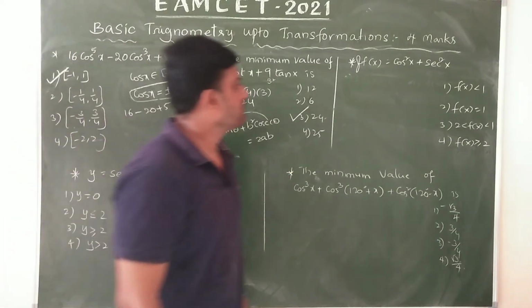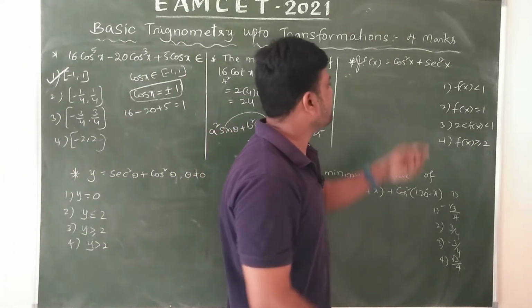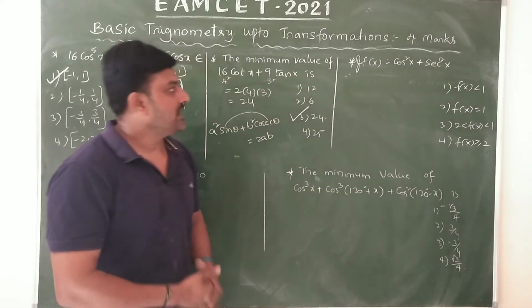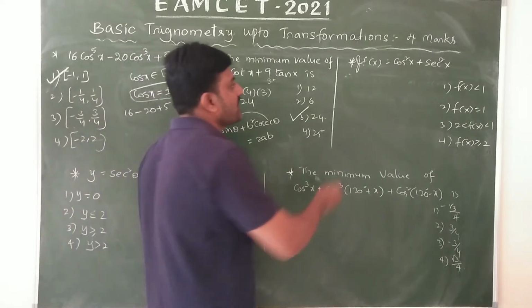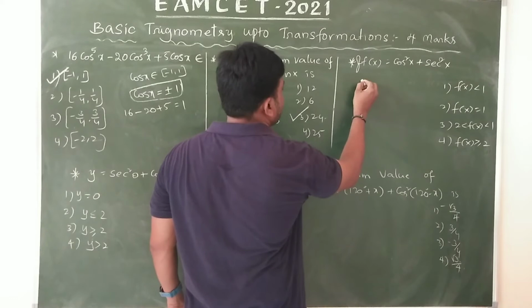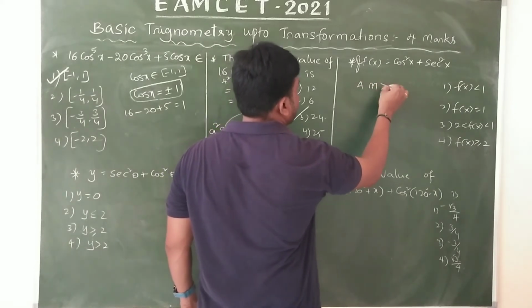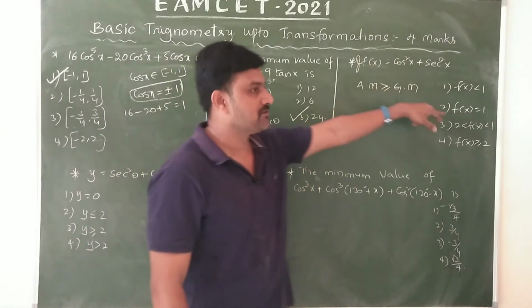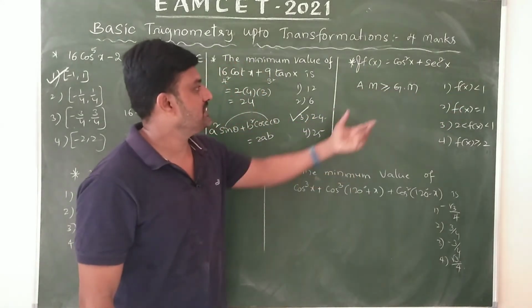And one more. f of x equals cos square x plus sec square x. Now here I can apply one strategy. Already we applied like this. AM greater than or equal to GM, already we know about this. AM greater than or equal to GM greater than or equal to HM. But we need only this much.